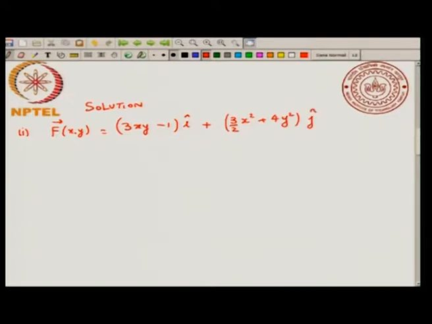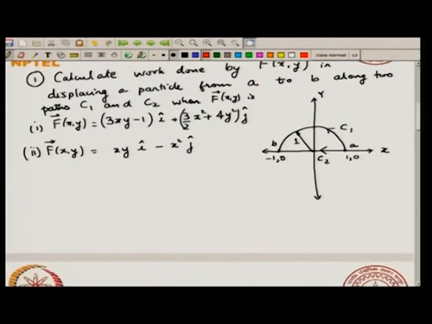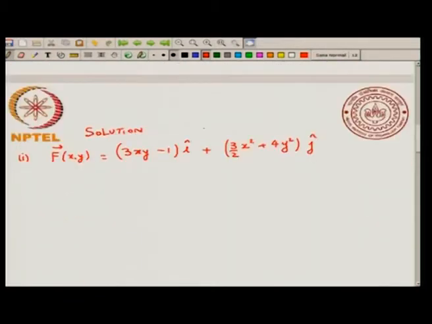The first term, 3xy minus 1, is the x component of the force, and the second term, 3 by 2 x square plus 4y square, is the y component of the force. That is just what we had here.